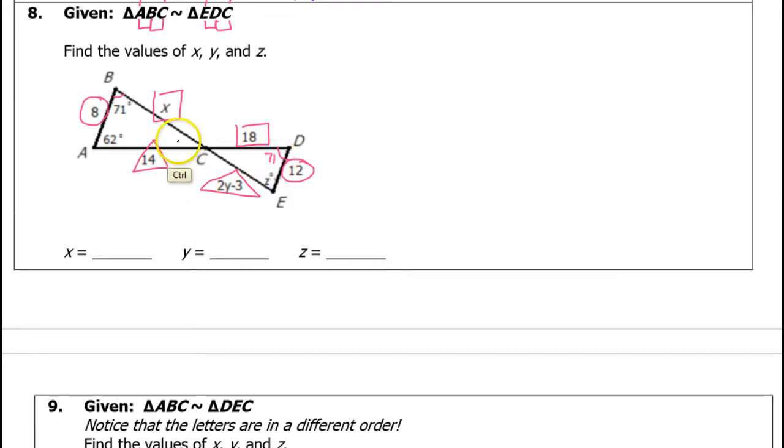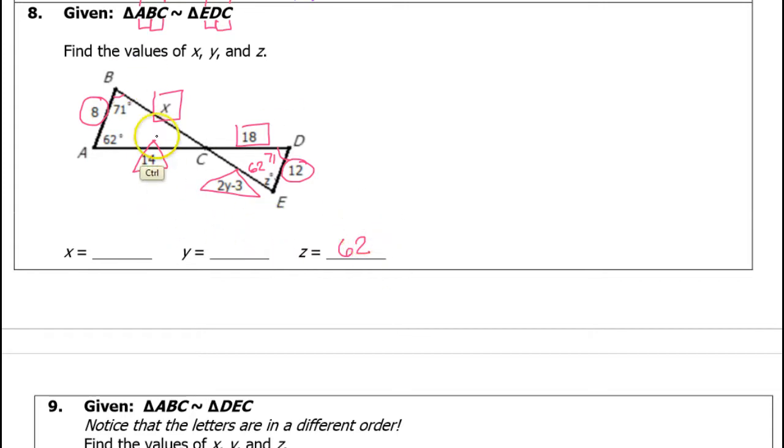Similarly, I know that angle A and angle E are corresponding because they're both first. So if angle A is 62, that means angle E is also 62. But right there, that tells me the measure of angle Z. So angle Z is 62 degrees.